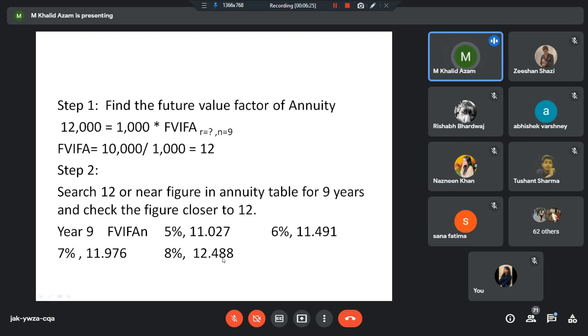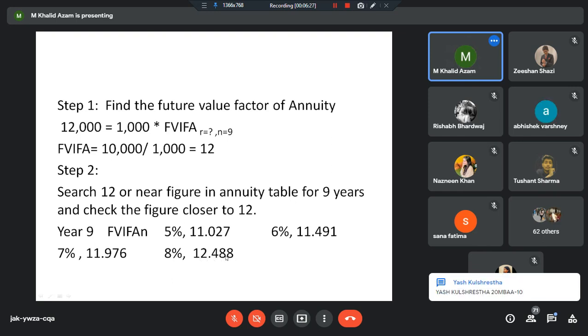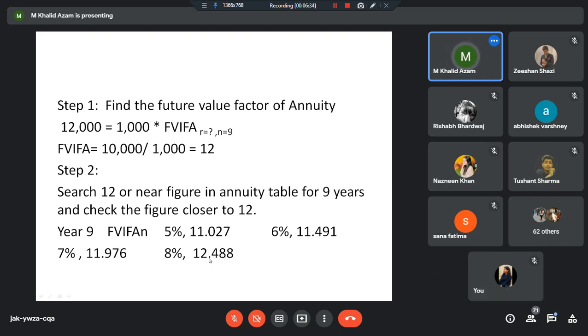We want this 12. When we go from 7% to 8%, from 11.976 to 12.488, that is almost 12.5, because only 0.012 is missing for making it 12.5. But 11.976 is much more closer to 12.